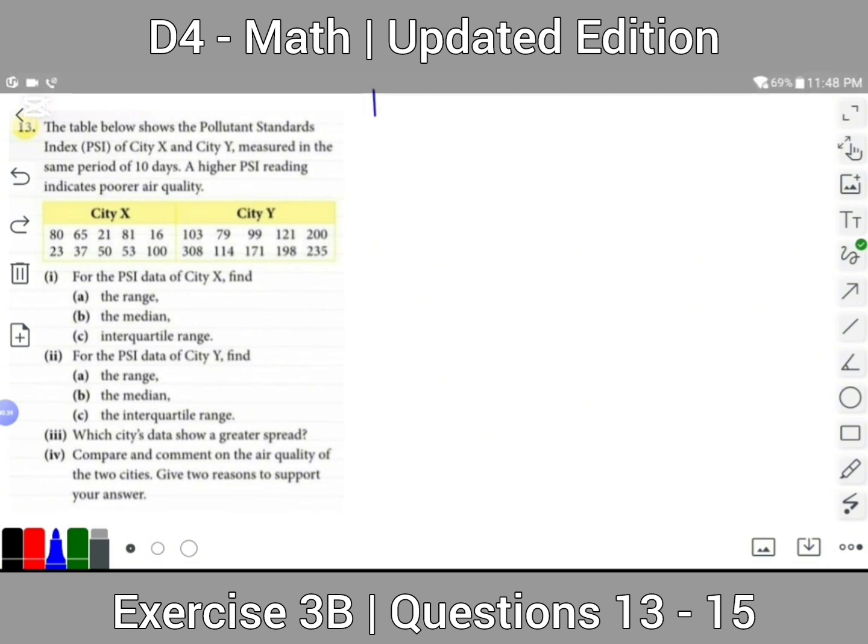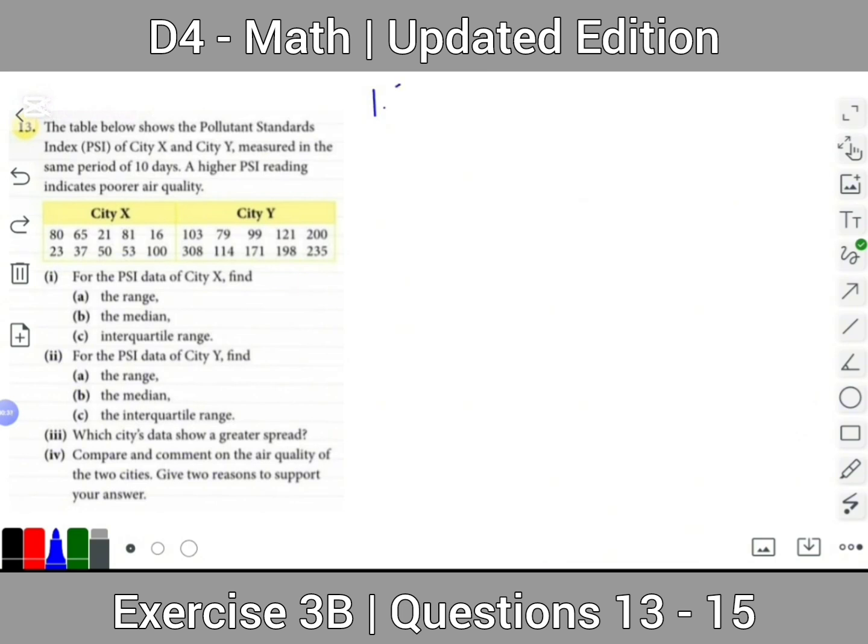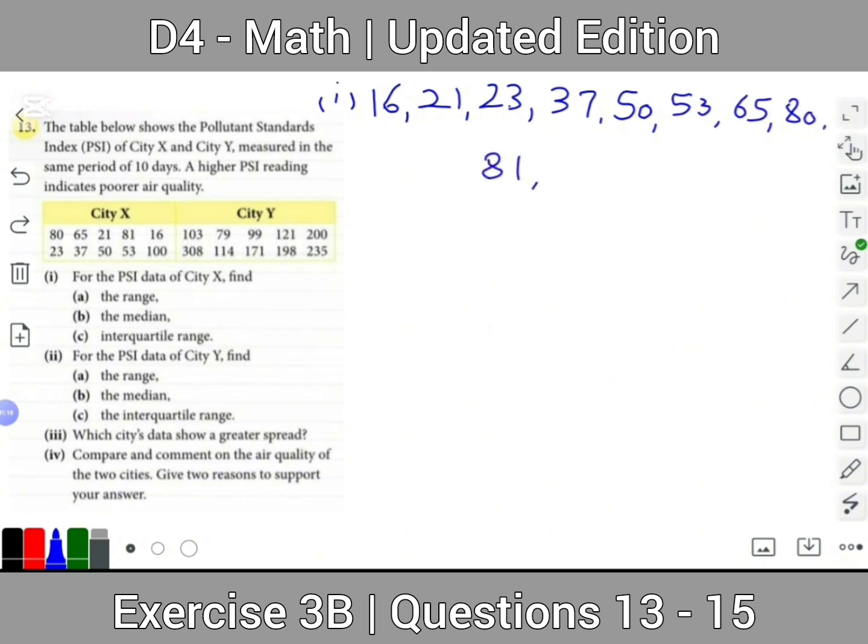Here we have 16, 21, 23, 27, 23, 37, 50, 53, 65, 80, 81, and 100. So we have the 10 values of the data set.